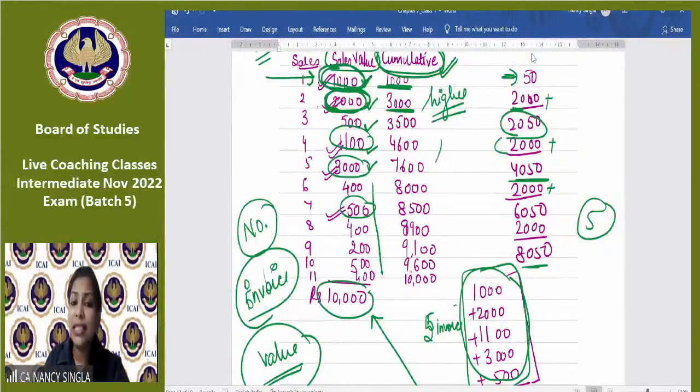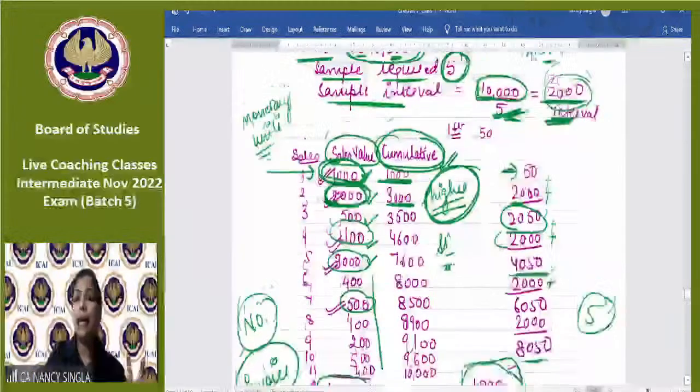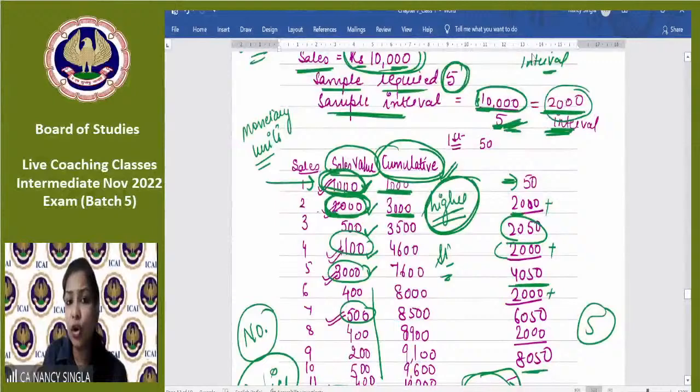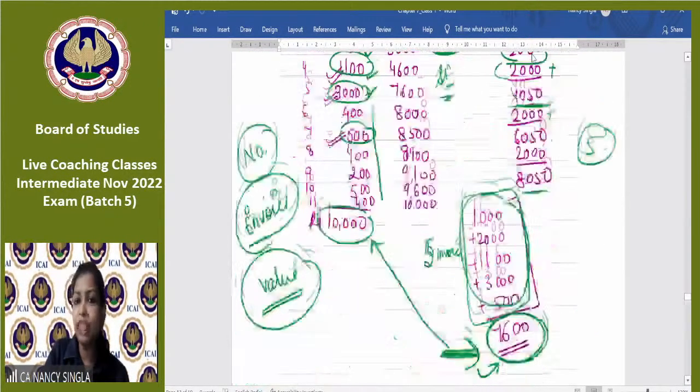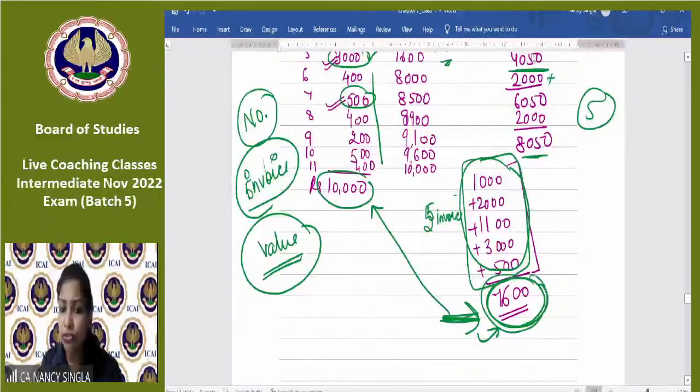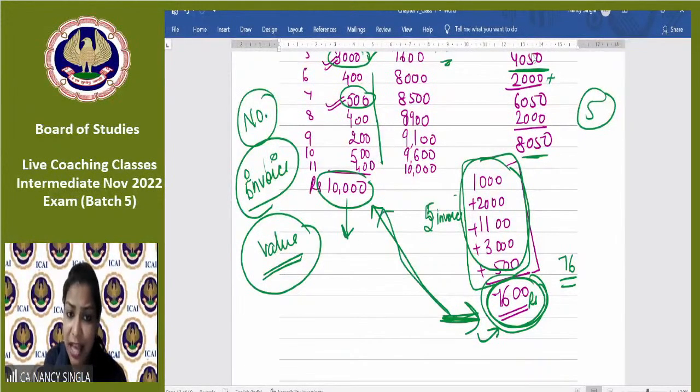So this is a statistical method whereby higher values get selected, and the entire thing, that is selection of the sample and evaluation of the sample. What is the evaluation? If out of rupees 7,600 there is a mistake of, let's say, 76 rupees, then out of 10,000, how much will be the mistake? The projection evaluation is also in terms of value.